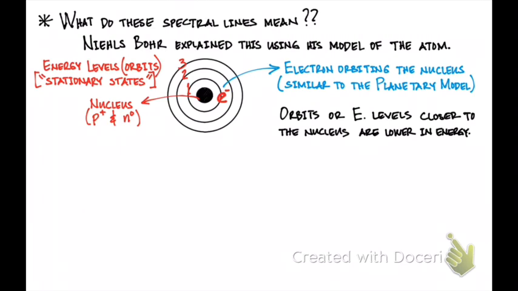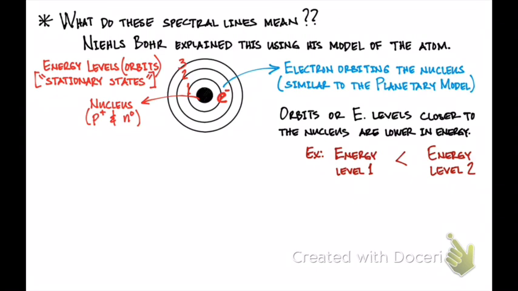And the energy levels or stationary states that are farther away from the nucleus are higher in energy. So energy level 1, for example, or stationary state 1 is less in energy compared to energy level 2 or stationary state number 2.